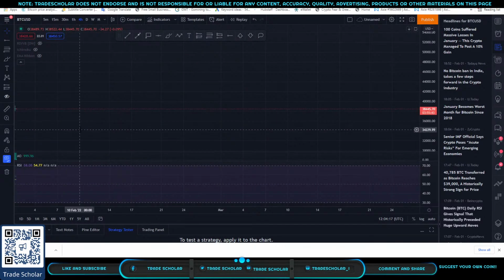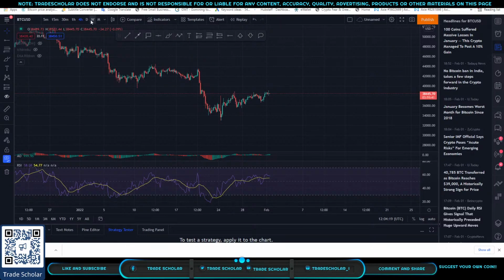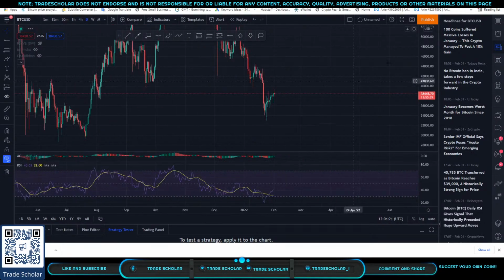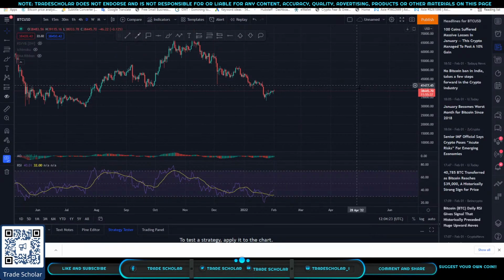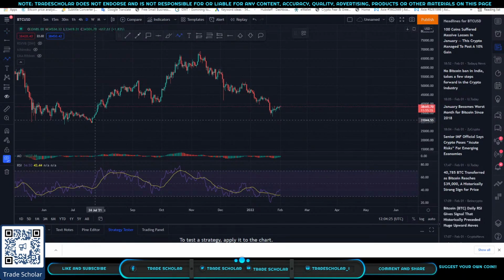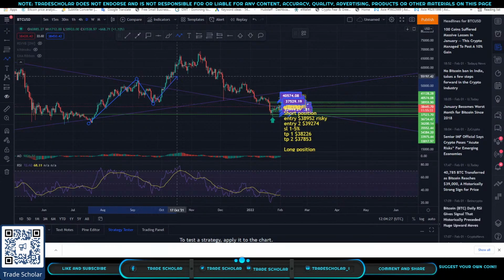This is our daily time frame, so that's important right there. Just like this one, shoulder, head, and then shoulder, and now it's going up. That's how you recognize some patterns, and then the breakout will be to the downside.